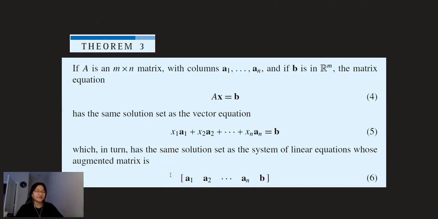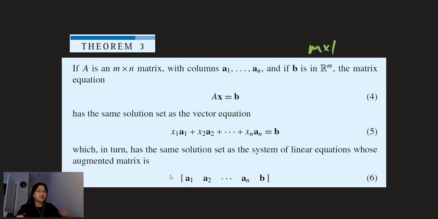Sorry that we don't have fun names for theorems. If A is an m by n matrix with the columns A1 to An, and B is in R^m, so an m by 1 matrix, then the matrix equation Ax equals B has the same solution set as this linear combination of our corresponding entries.